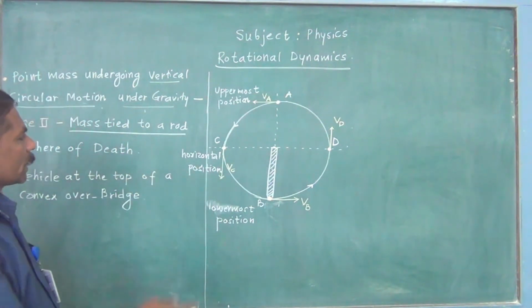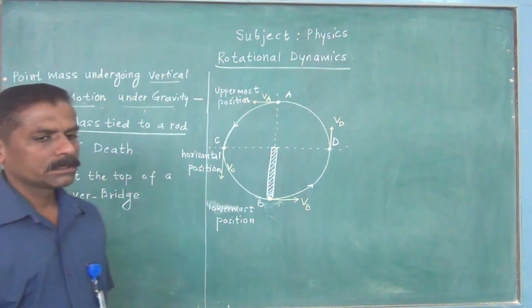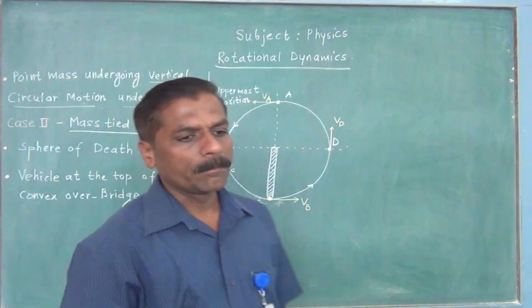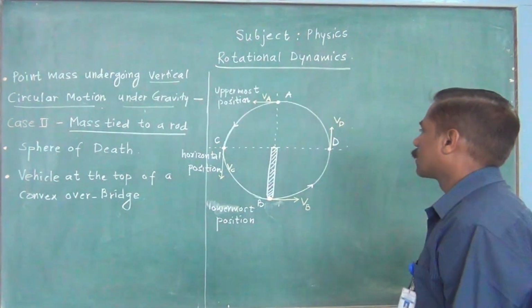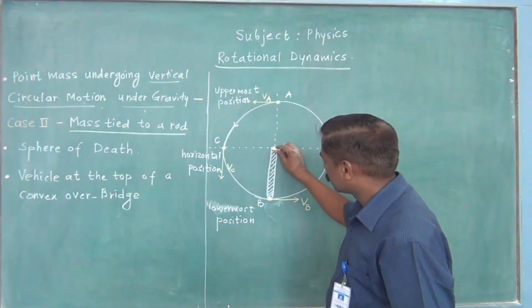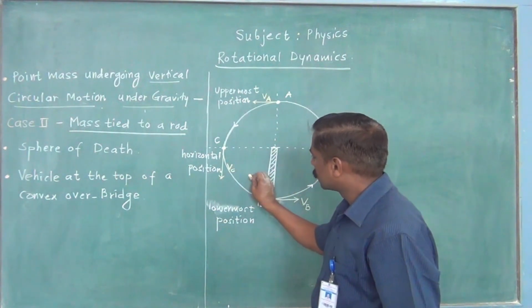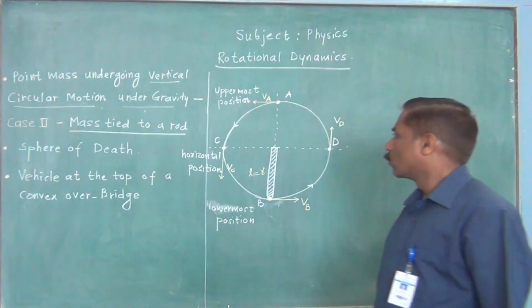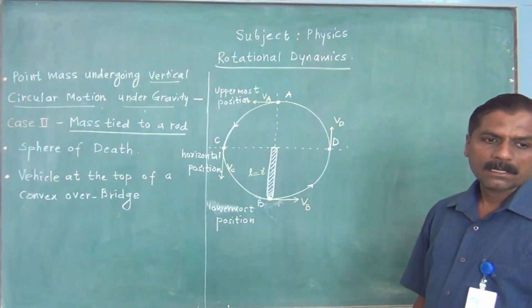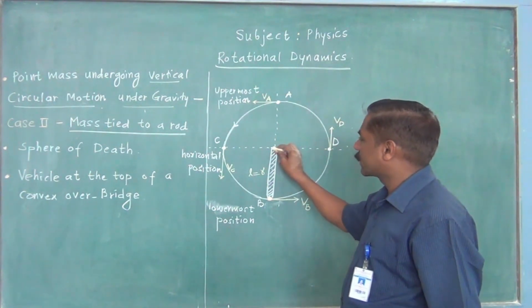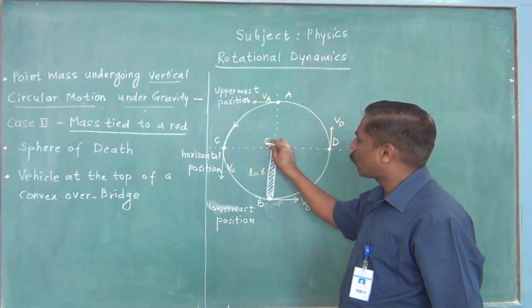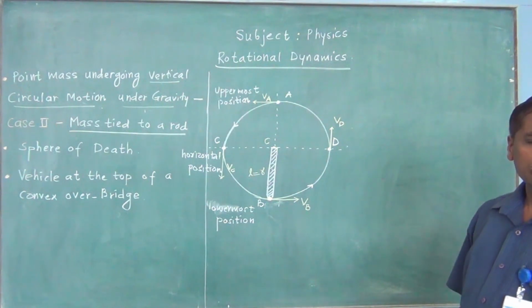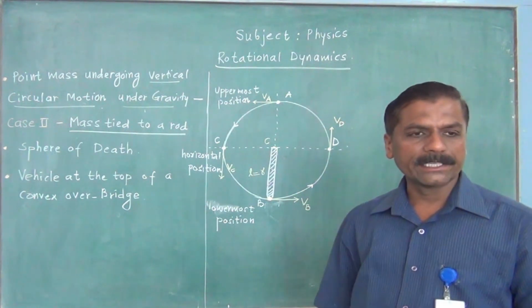Okay, so these are the different velocities which you have. Then similarly we can consider the tension. If you observe this, the length of the rod is nothing but the radius of this vertical circle, and this point is taken as the center of this vertical circle. Okay, so this is the diagrammatic representation.